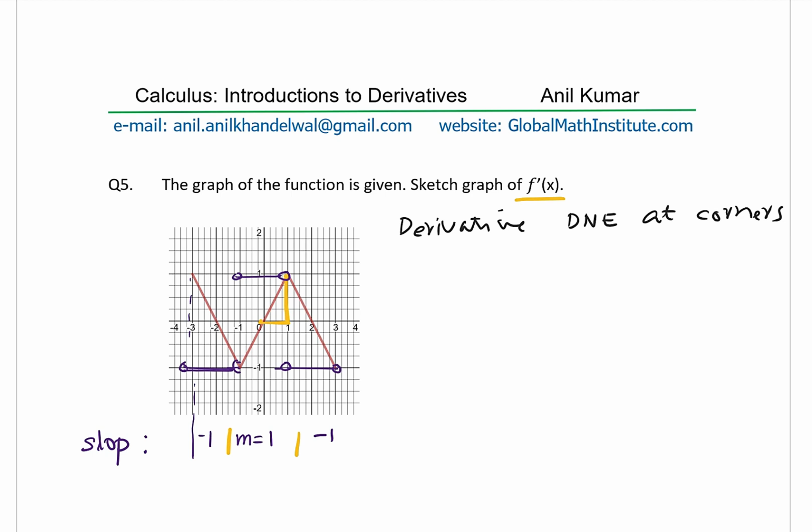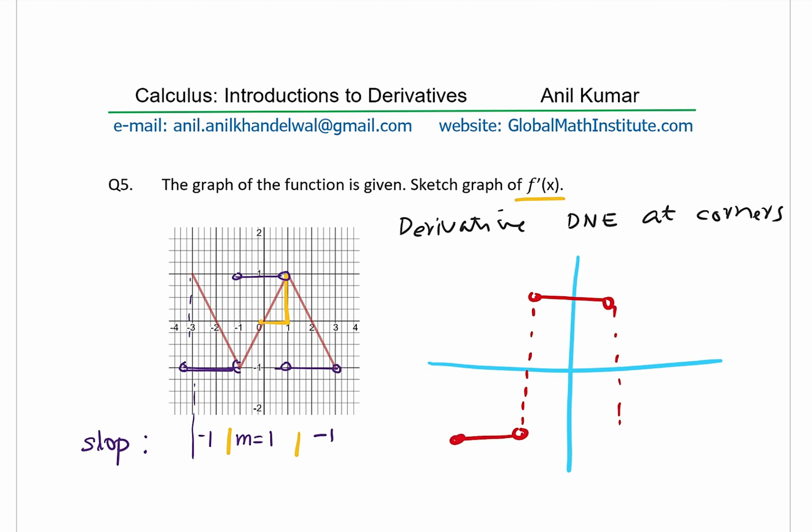So let me clearly show it on a bigger picture. When you sketch this graph, it will look like this. So we have the positive 1 and then we have -1. It is not defined at the two corners where you see the line as a vertex. Perfect.